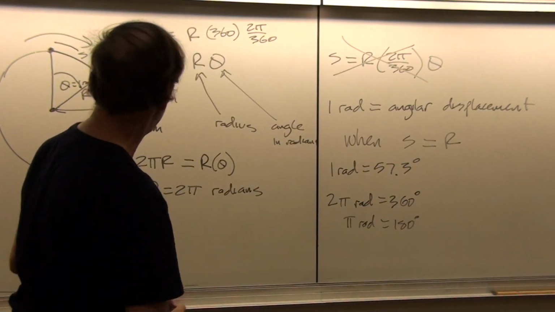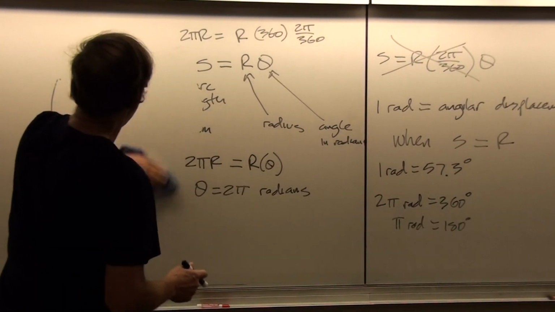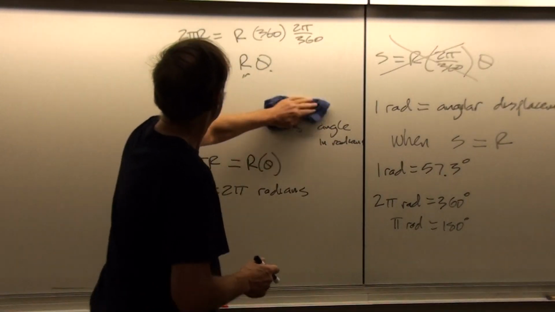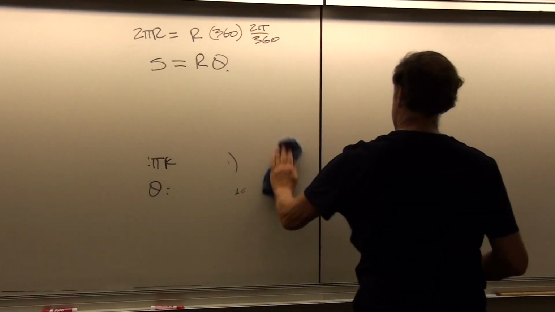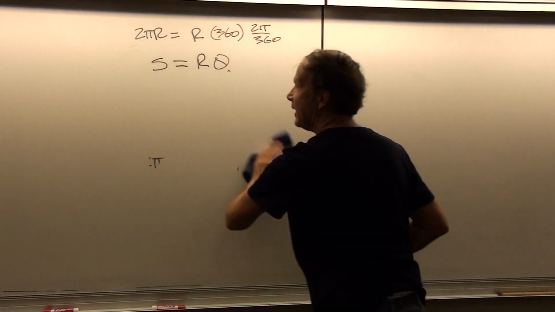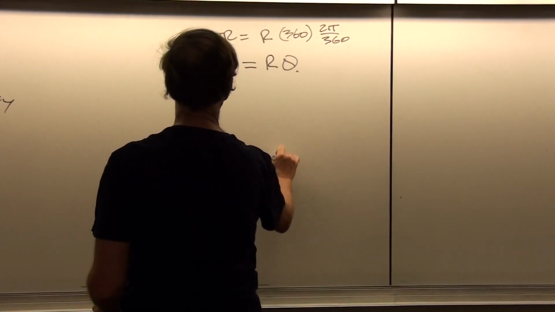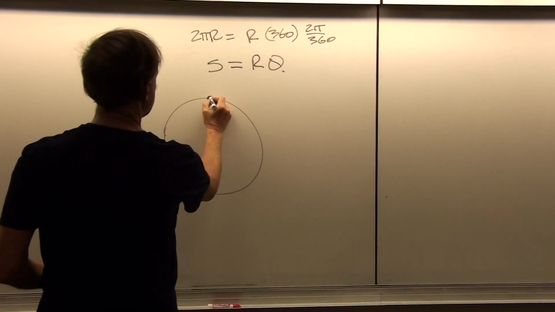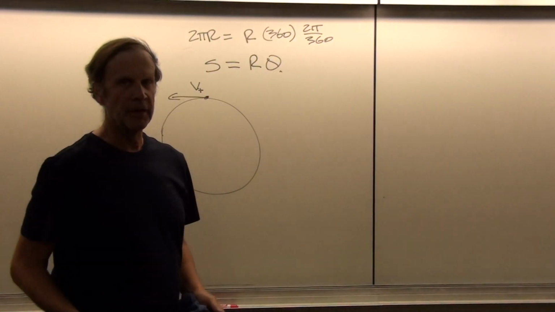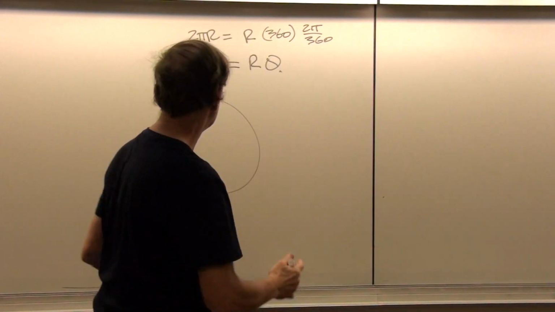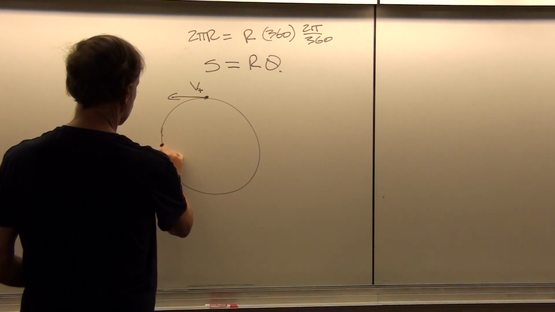Now, what about if we were to talk about the velocity? Well, the kind of velocity that we would be talking about here would be a tangential velocity. And in circular motion, that tangential velocity is always tangent to the circular path.